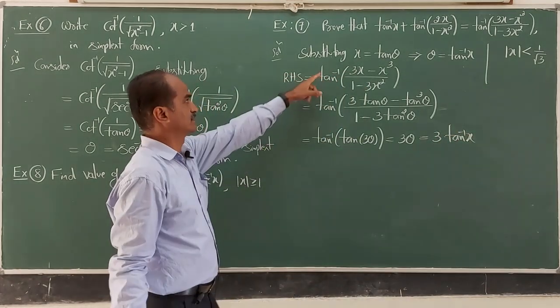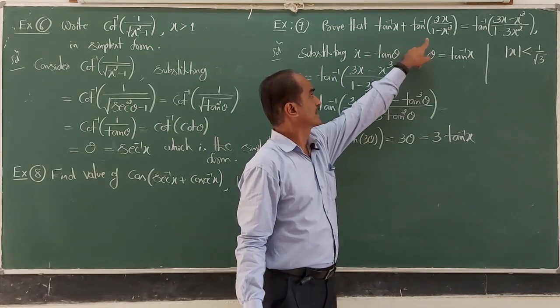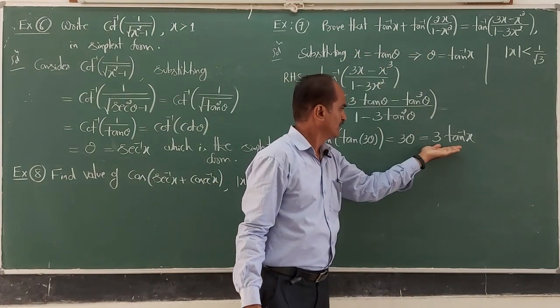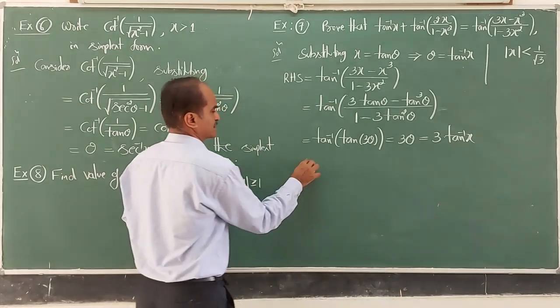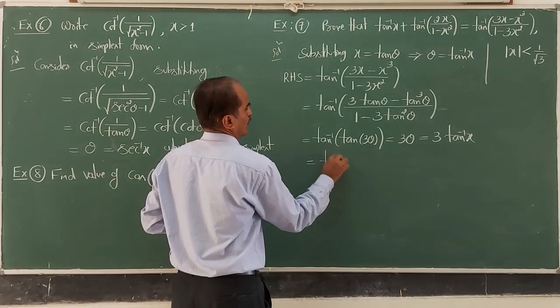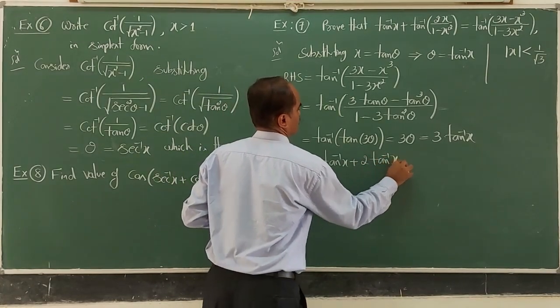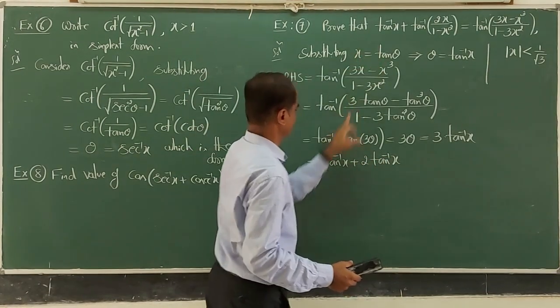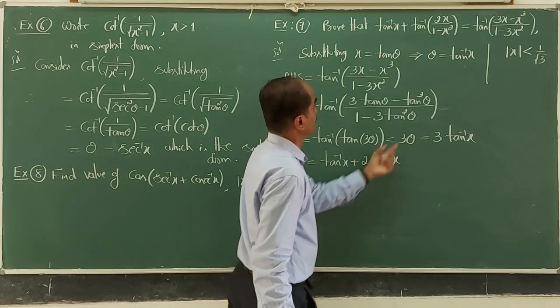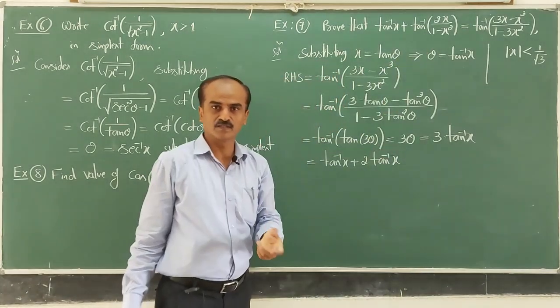But look at the result. LHS, I get the sum of these two. Now I split this 3 times tan inverse x as 1 time tan inverse x plus 2 times tan inverse x. So the first term is already matching. Now 2 tan inverse x equal to, recall the other property we applied.